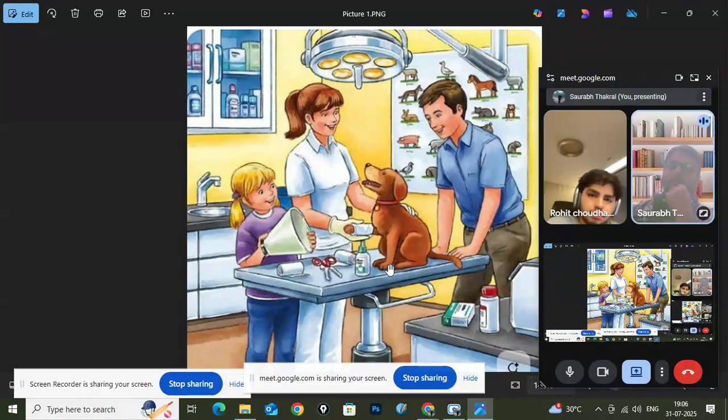So we can say hospital has three people. So there are three people and a dog, maybe. Hospital has three people first and a dog.